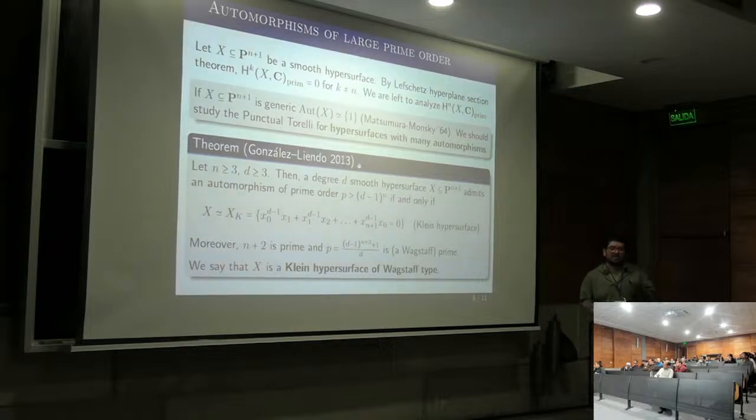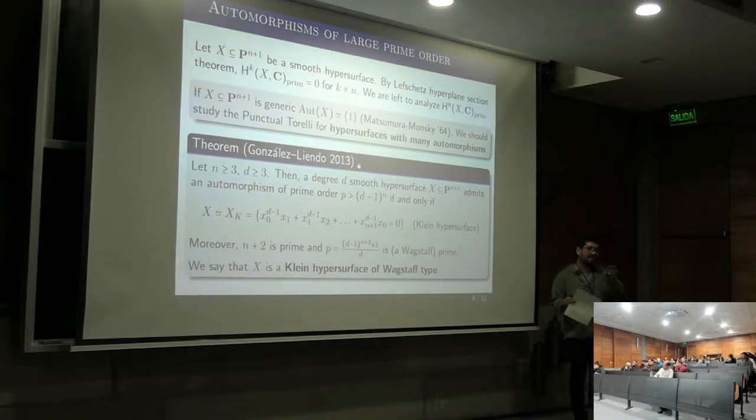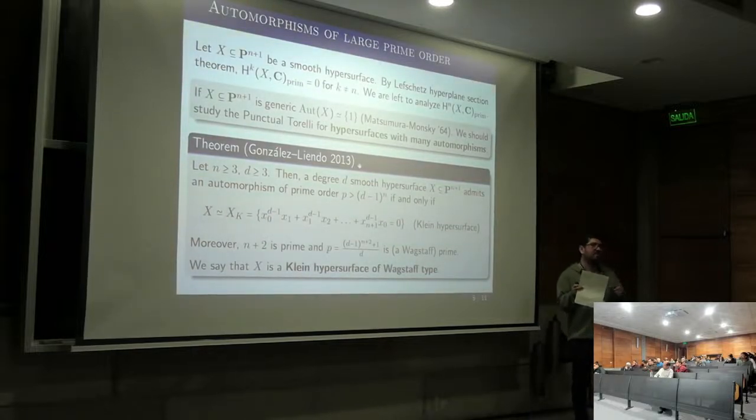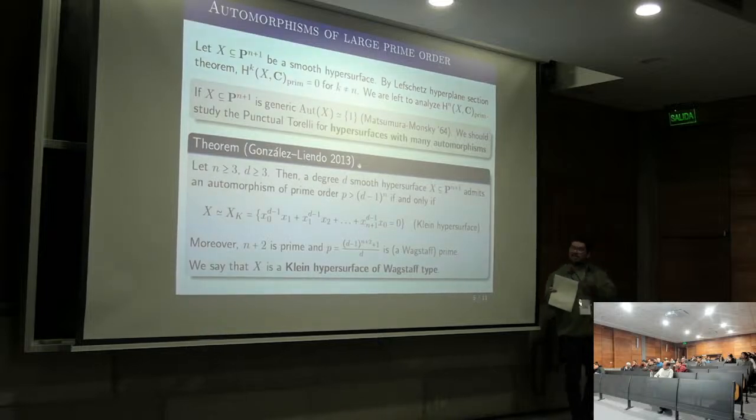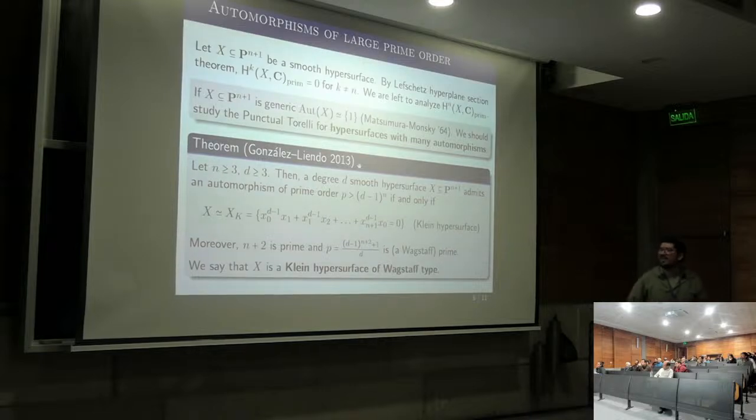And something which is very special about cubic threefolds and cubic fivefolds is that both of them have intermediate Jacobians. So in these very particular cases, where you have these Backstaff primes, it is interesting from the point of view of abelian varieties as well, because you have a naturally associated abelian variety. I will give you an account of this at the very end of the talk.